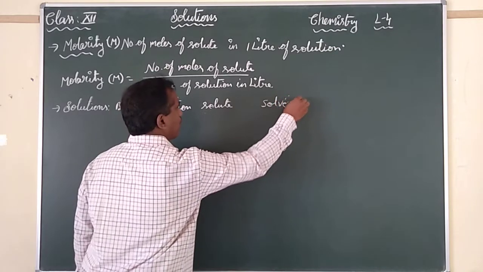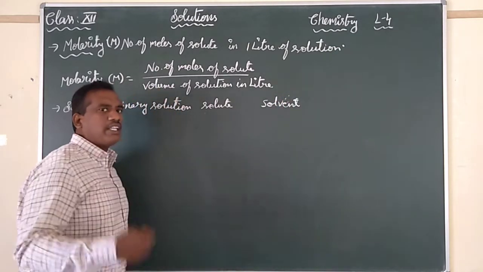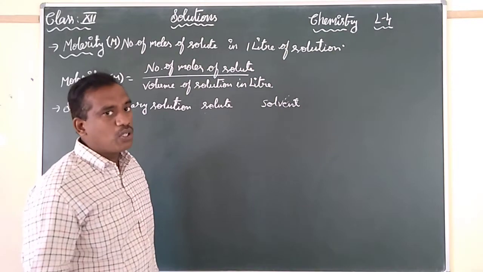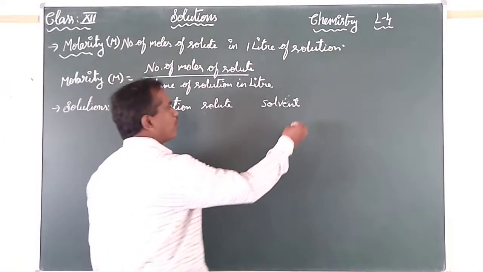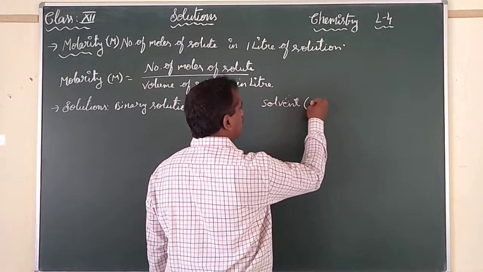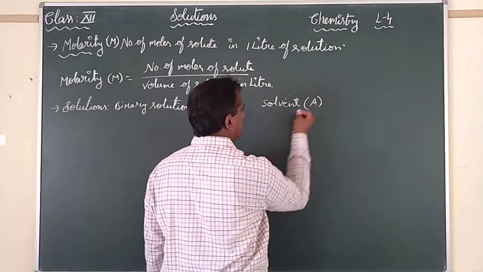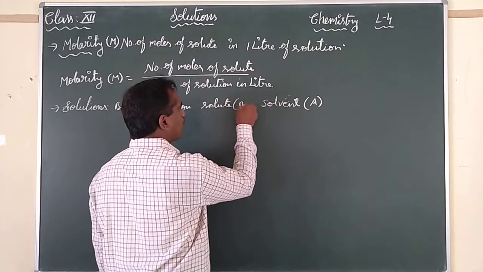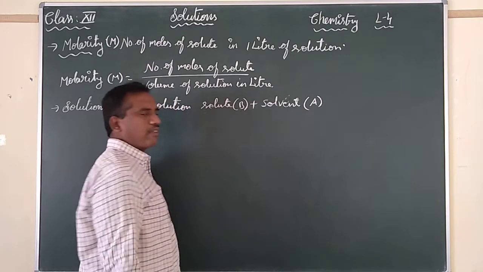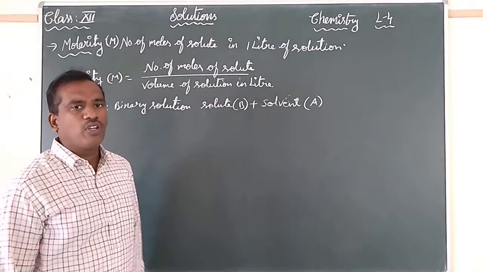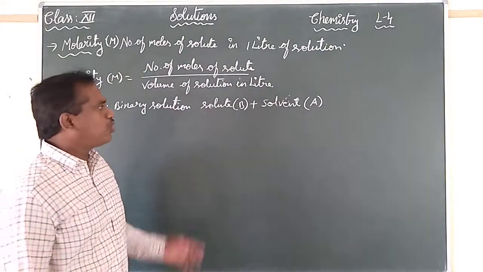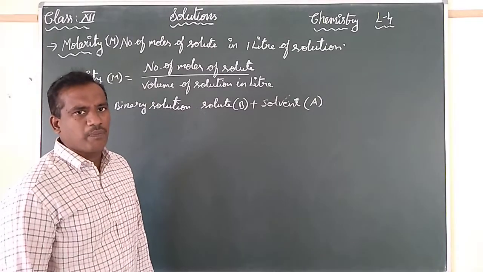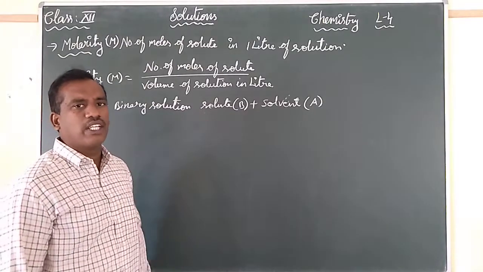Solvent is present in more amount, so I am representing the solvent as A and the solute, which is less in amount, as B. This is the general form we represent here.